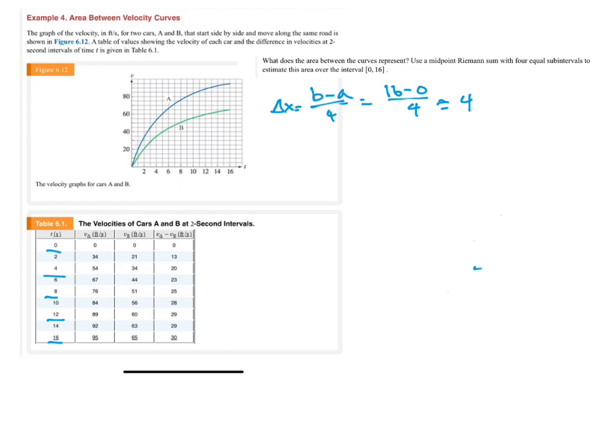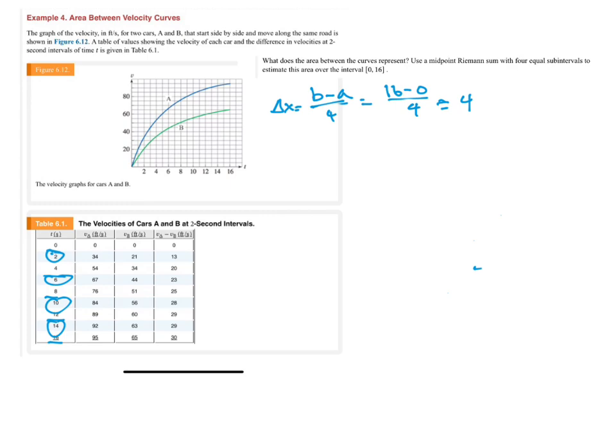Okay? And we're using a midpoint Riemann sum. So on the interval from 0 to 4, what's the midpoint? 2. In between 4 and 8, what's our midpoint? 6. In between 8 and 12? 10. And in between 12 and 16, we're using the value of 14. Can you understand how this just worked?